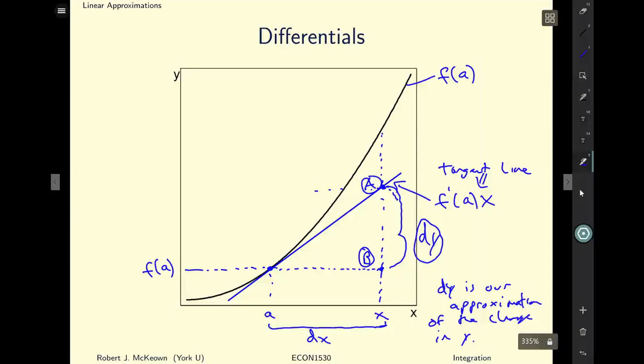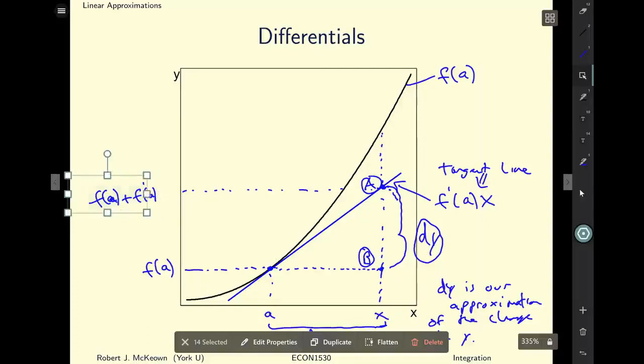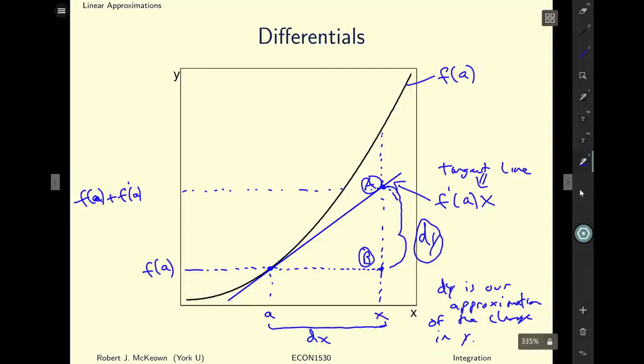And if I walk out over to here, we get f of a plus f prime of a, multiplied by x minus a. And you can see that the difference between these two points is going to be dy, which is equal to f prime of a times x minus a.